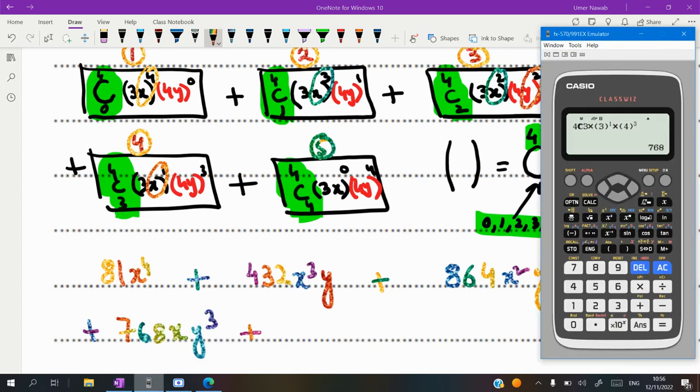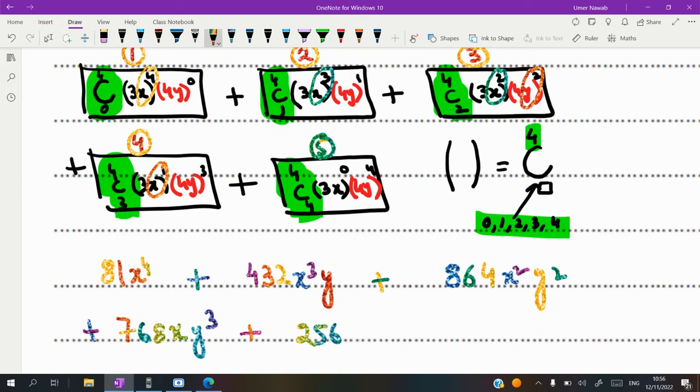Last, 4C4, and here I will write 4. Over there, power of 3, I will write 0. 4C4 will give us 256. So 256, x power 0 is 1, no need to write, and y power 4.